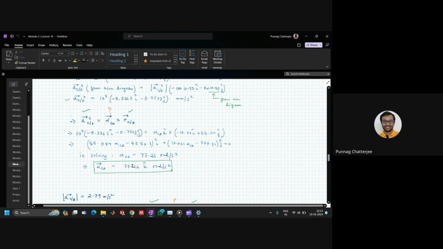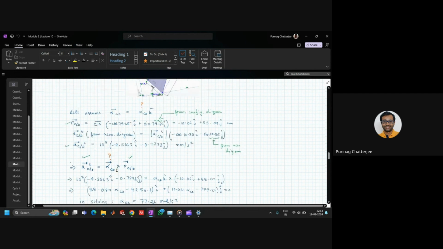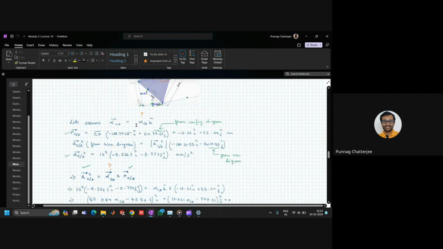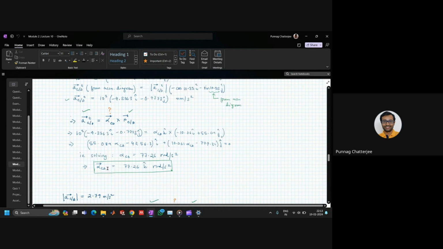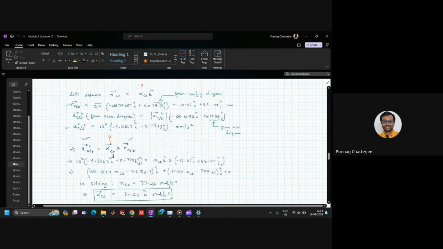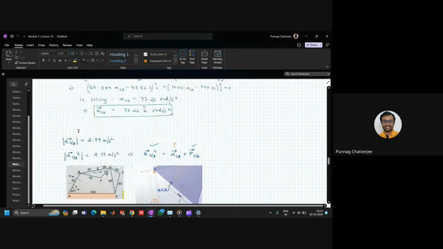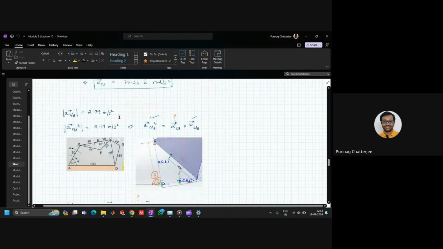It does not matter if you had assumed alpha CD to be minus alpha CD K, because in that case the final answer would have been minus. So it does not really matter, and you have this alpha CD sorted out.